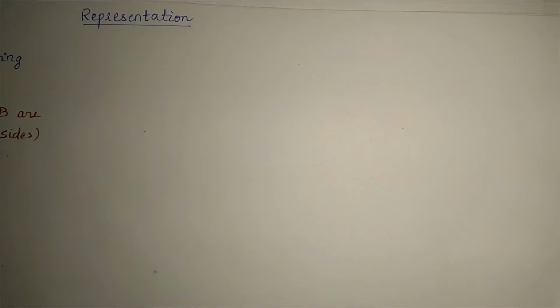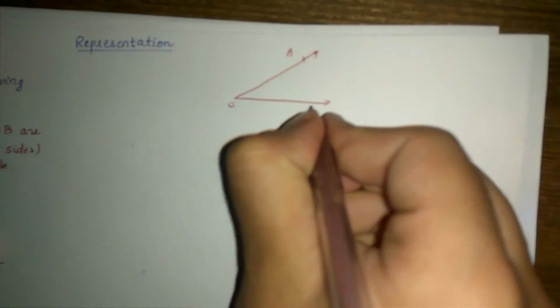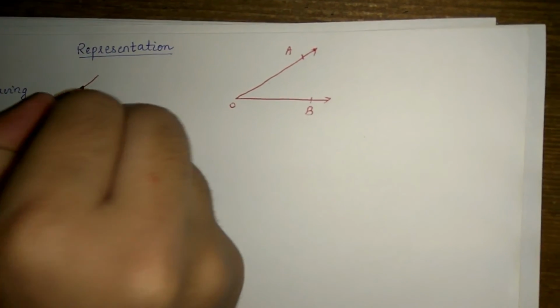Okay, and now next is how to represent an angle. Suppose I consider this, this is A, this is O, this is B. So how to write angle? We write it as this.